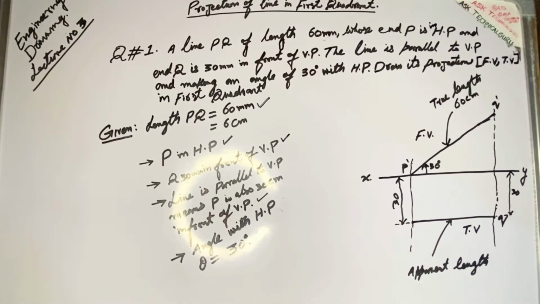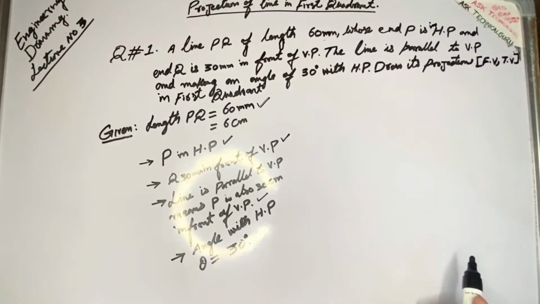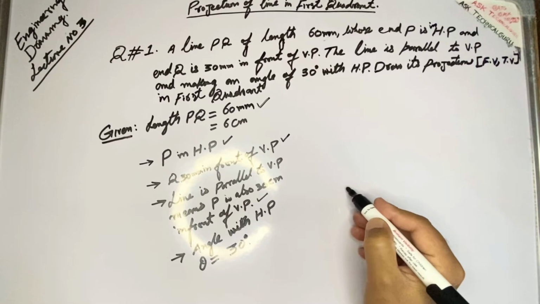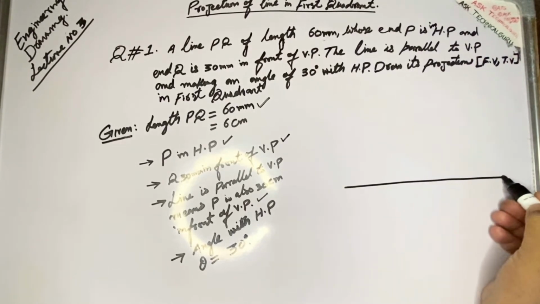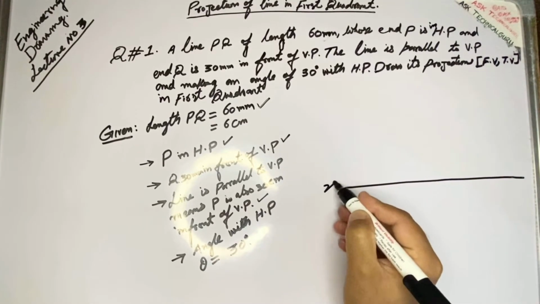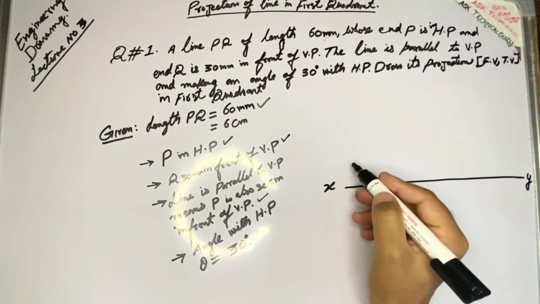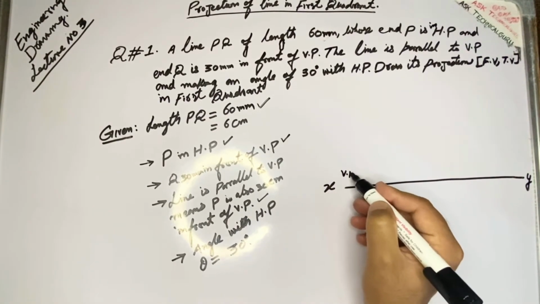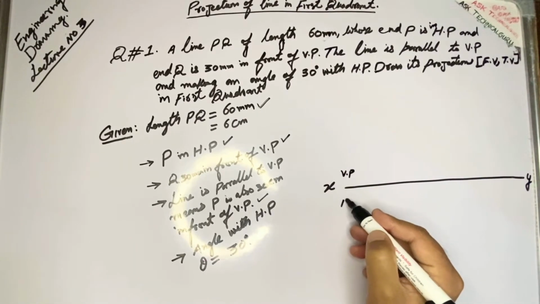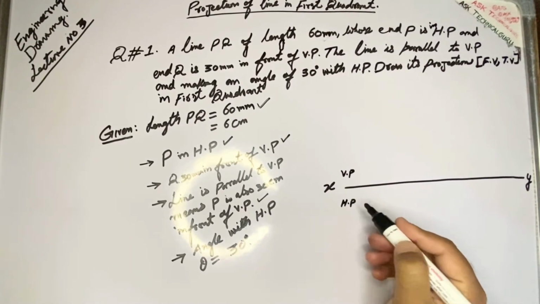Okay, now what you have to do, simply draw the XY line. This is the final view which you will get. You know that in the first quadrant we have this XY line which separates the two planes. Above the XY line we have VP and below we have the horizontal plane.